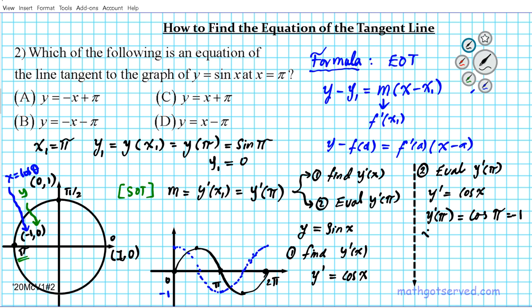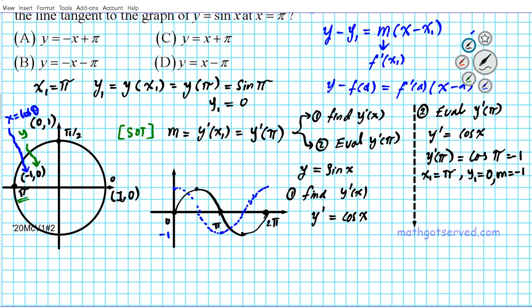Let's rewrite them all. x1 is pi. y1 is 0, and m is -1. So what we're going to do right now is put everything together in the formula that we have up here, y minus y1 equals m times x minus x1, and then we're going to proceed to put it in slope-intercept form.